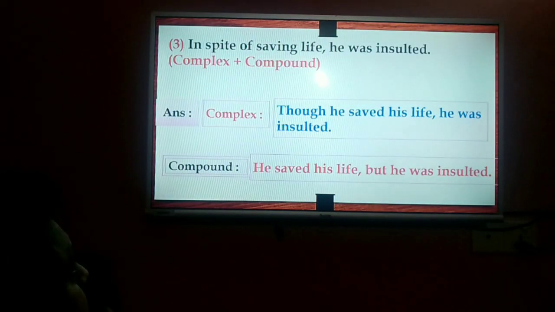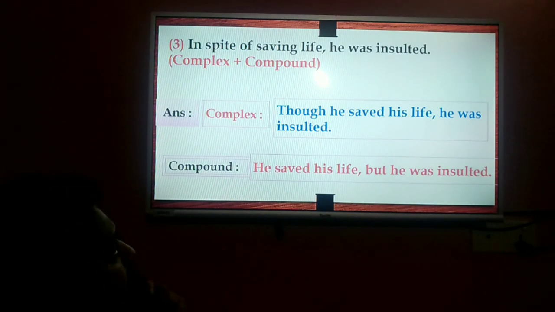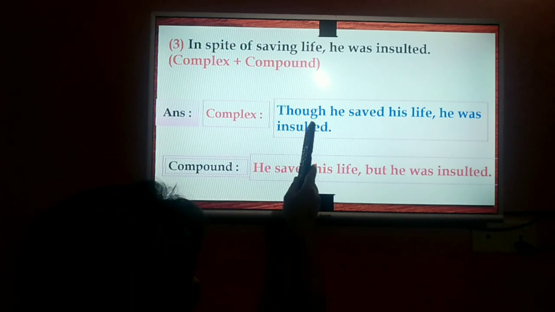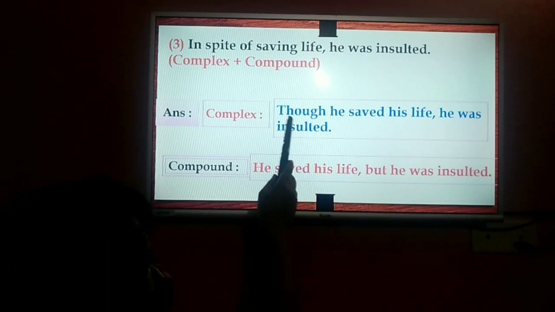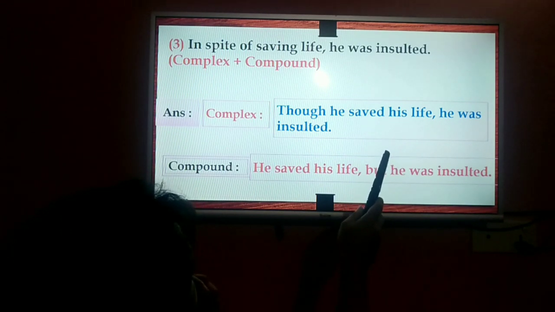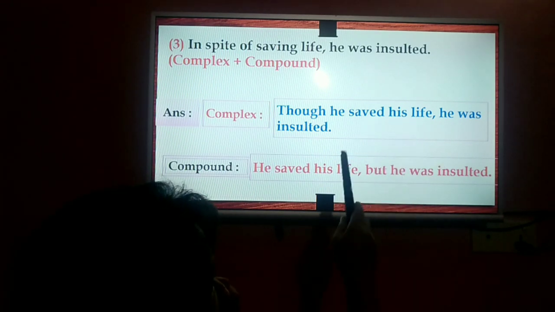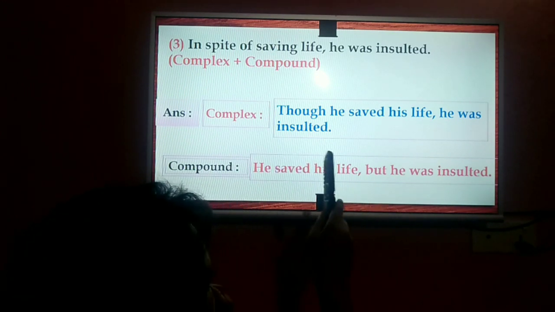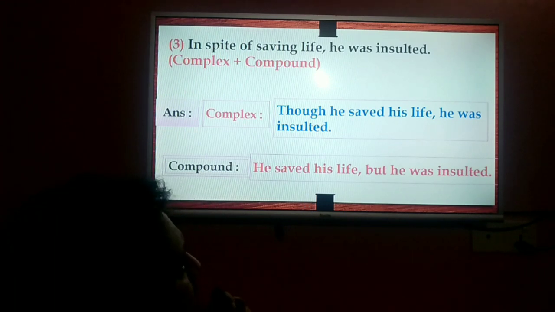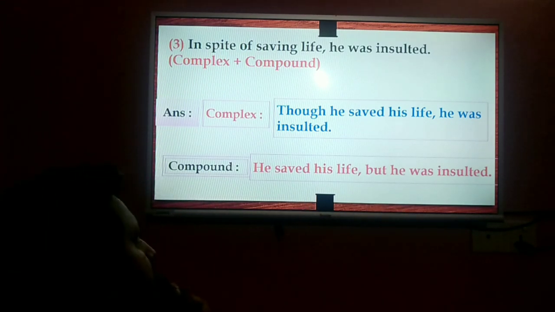Clause number 3. In spite of saving life, he was insulted. Complex, compound. Complex: Though he saved his life, he was insulted. I can use though in place of in spite of. Though he saved his life is a dependent clause or subordinate clause, and he was insulted is a principal clause.